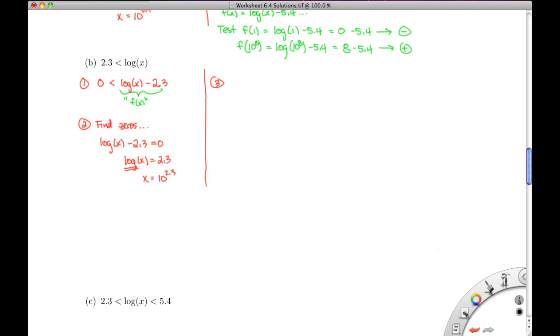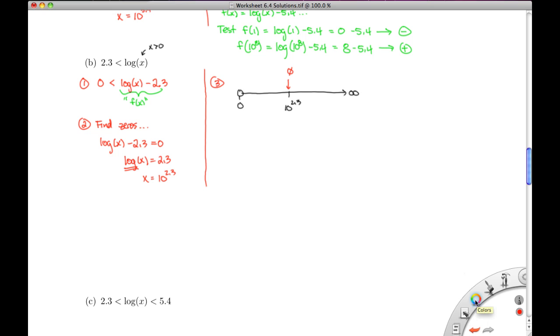Again, we look at this and we see that x has to be strictly greater than 0. So for our sign chart, we can start at 0, go off to infinity, and we're going to plop down our other point, which is 10 to the power of 2.3. We know that this is a 0 of our function, so we'll mark it as such.